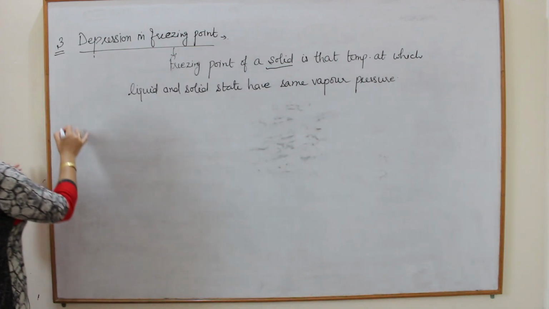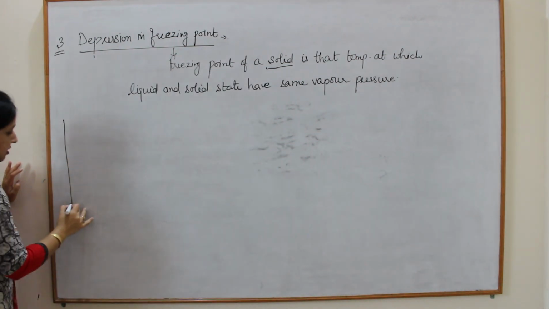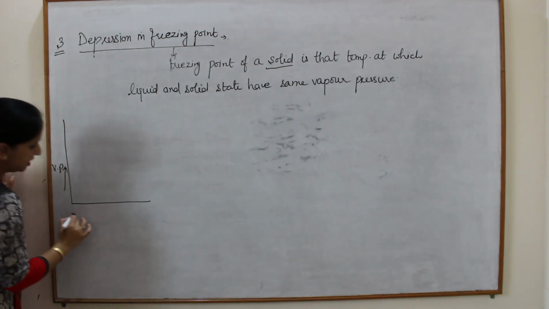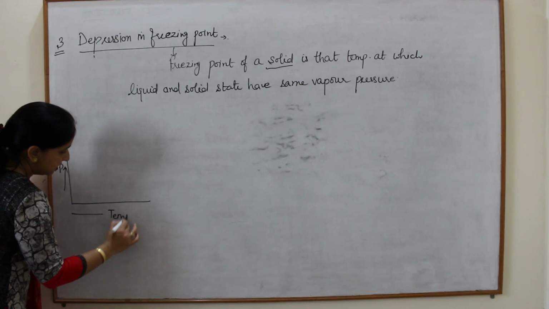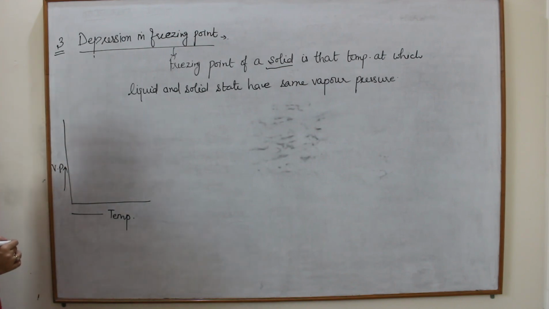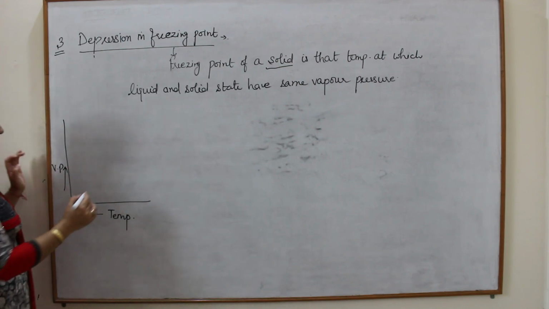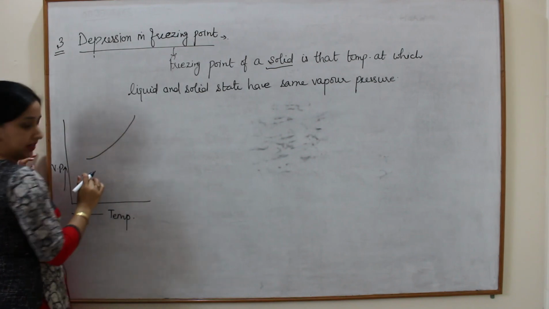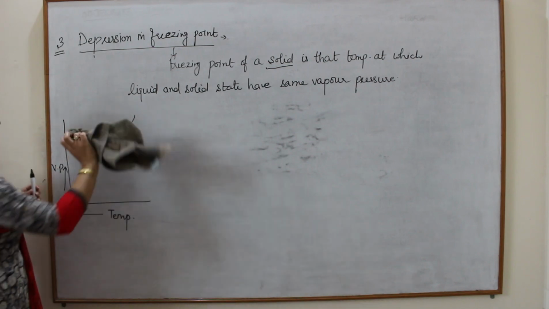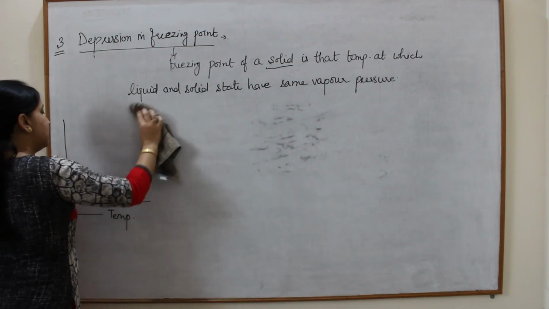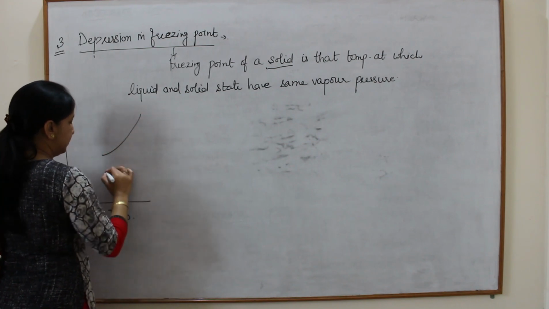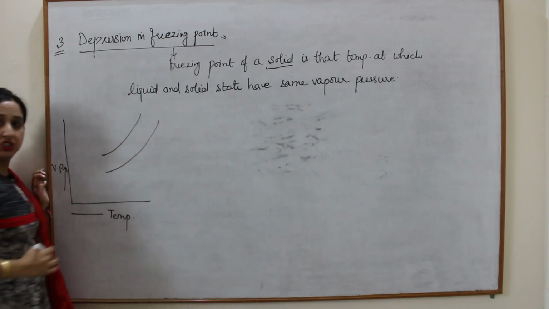हाँ जी, so if we plot a graph, for example, this is vapor pressure and this is temperature. In the previous lecture, we have discussed the vapor pressure of pure solvent. Vapor pressure of a pure solvent is always greater than that of the vapor pressure of the solution.